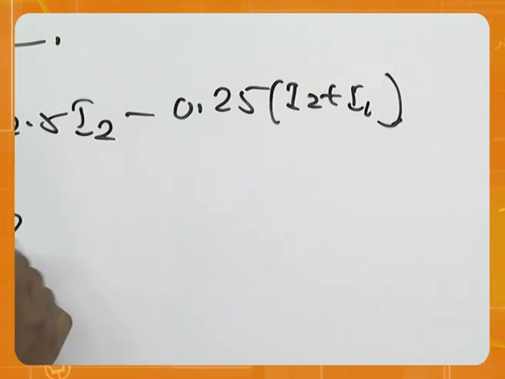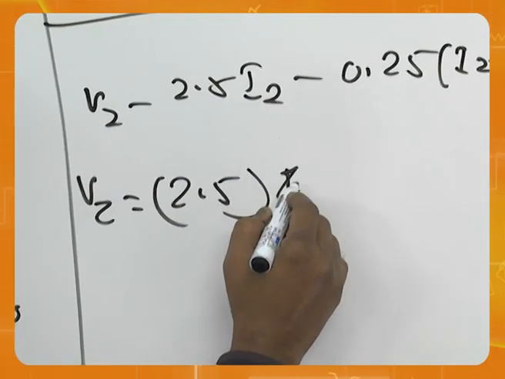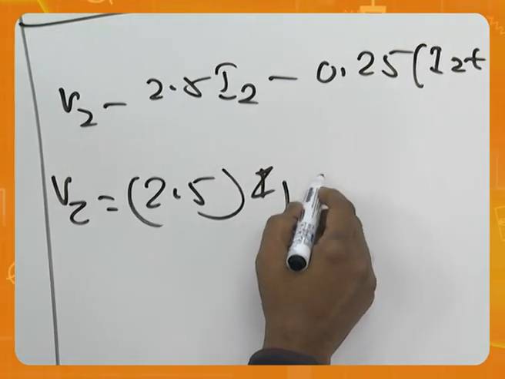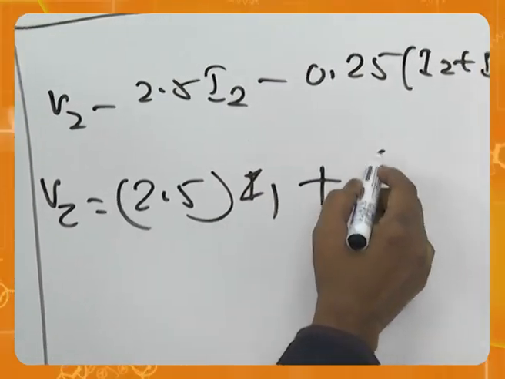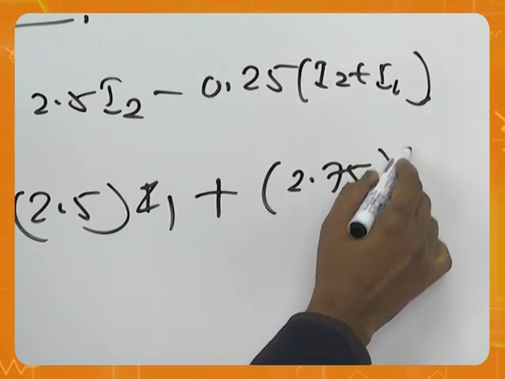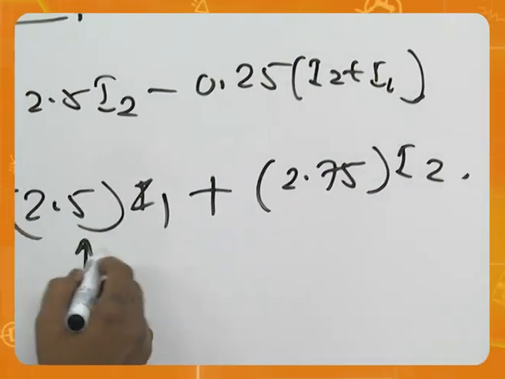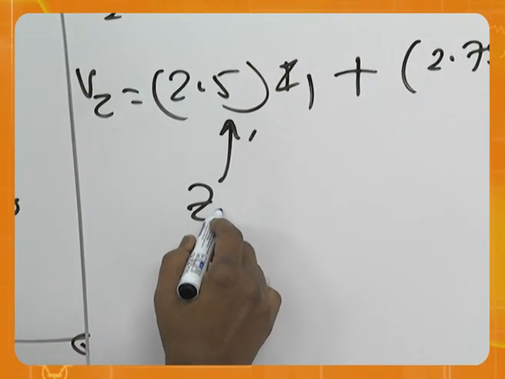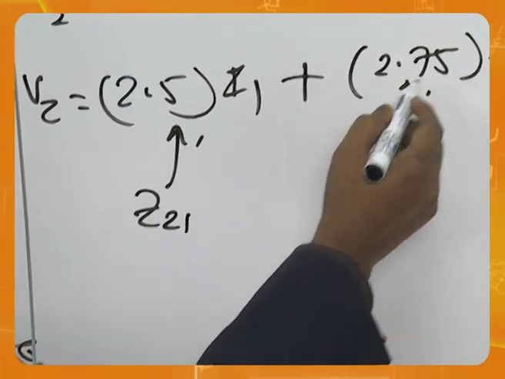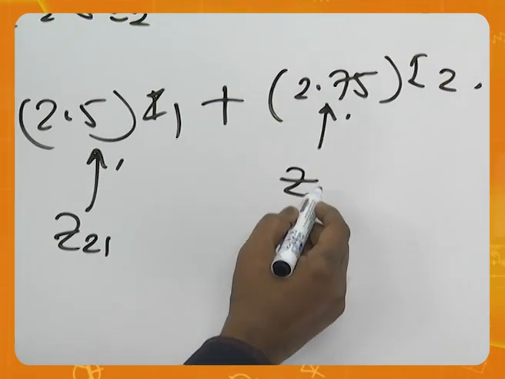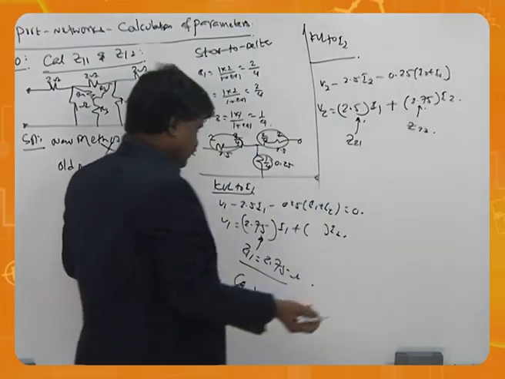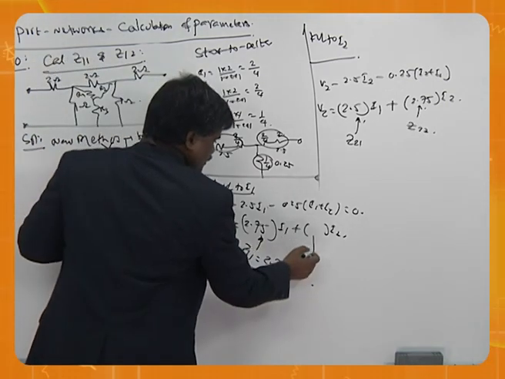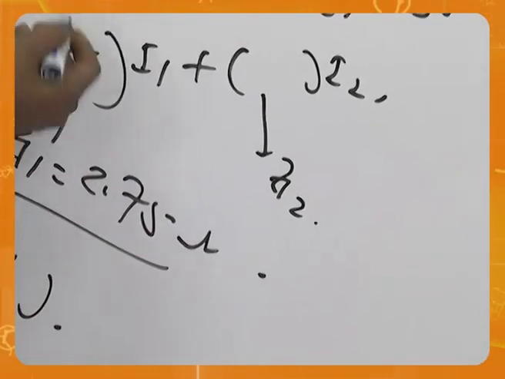Therefore, V2 is equal to 2.5 I1 plus 2.75 into this. This is Z21. This is Z22. But anyway, he is only interested in what answer? He is interested only here also, Z12. Can I do that?